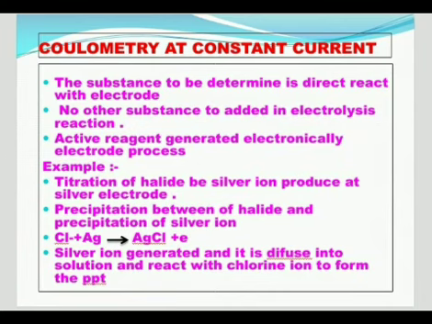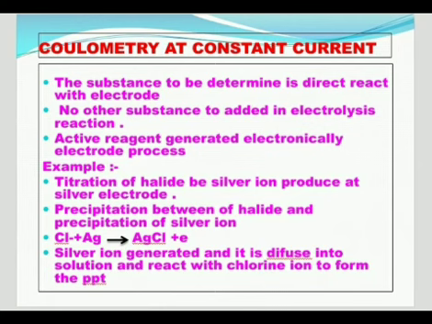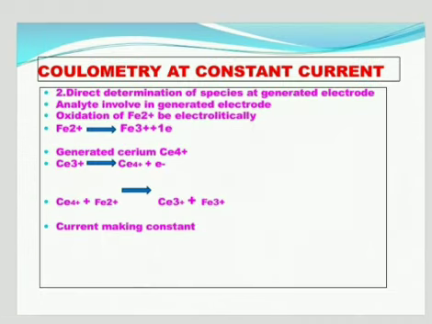The Ag reacts with chloride to form the AgCl precipitate. In that quantity of Ag formed, the chloride ion is precipitated, and no chlorides remain in the solution. From the current and time, we detect the end point. So this is the first type of titration.